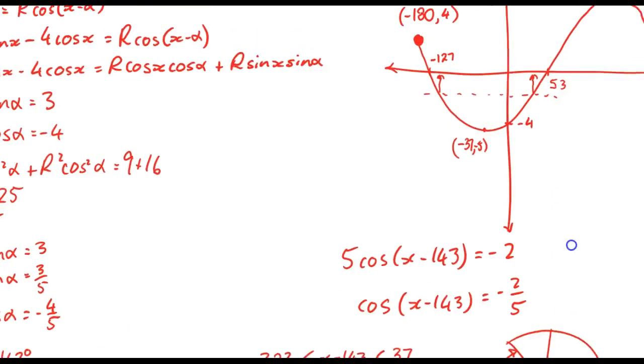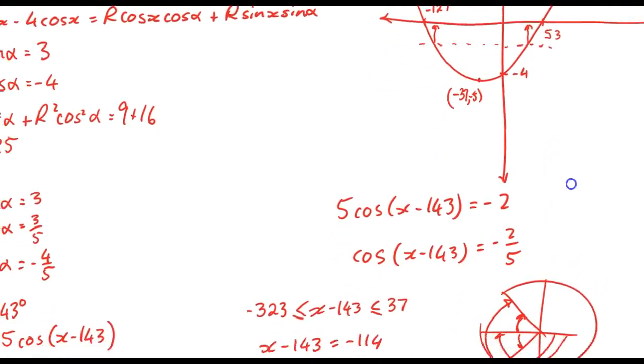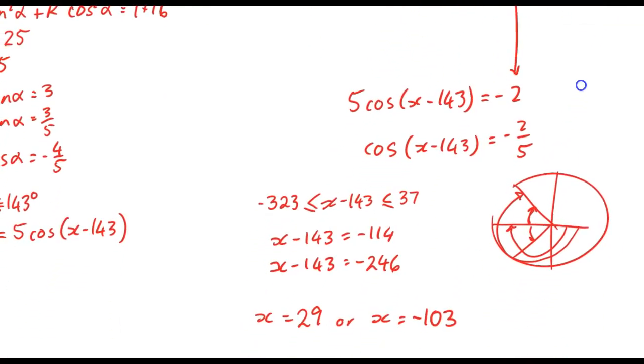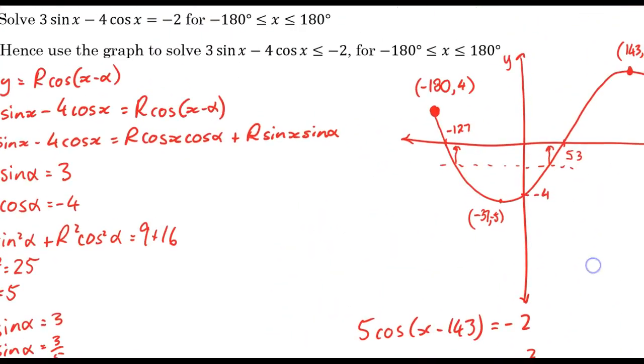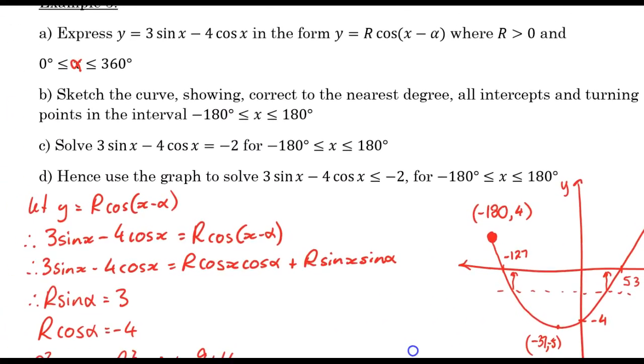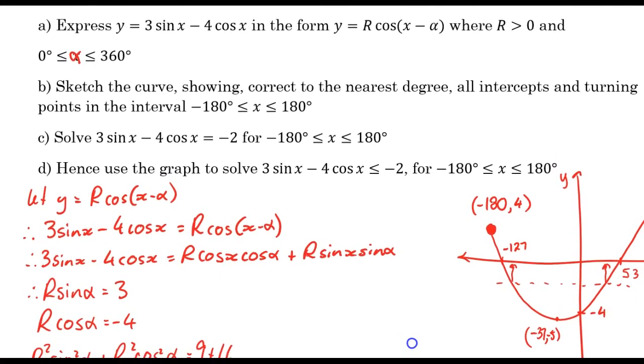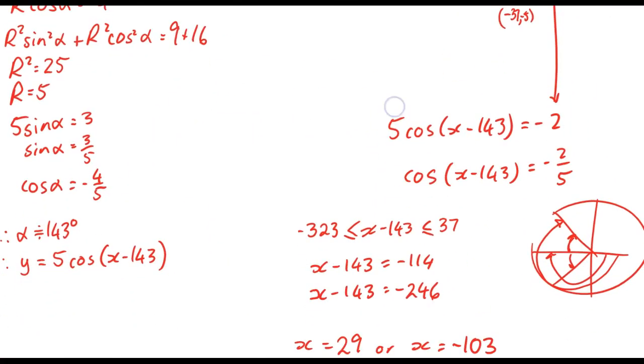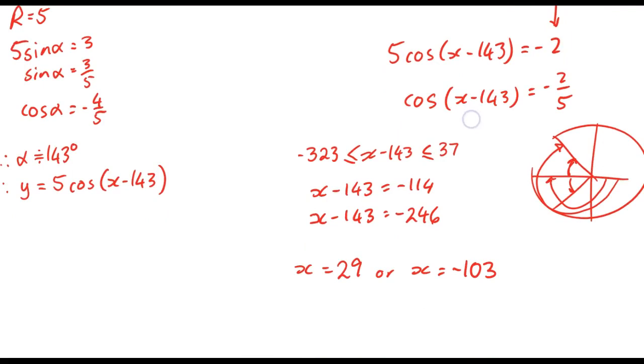Coming back to our little graph here, does that look good? Yeah, that seems pretty reasonable, fits within the ranges that we wanted. So, if 3 sine x minus 4 cos x equals negative 2, then x equals 29 or negative 103, or thereabouts.